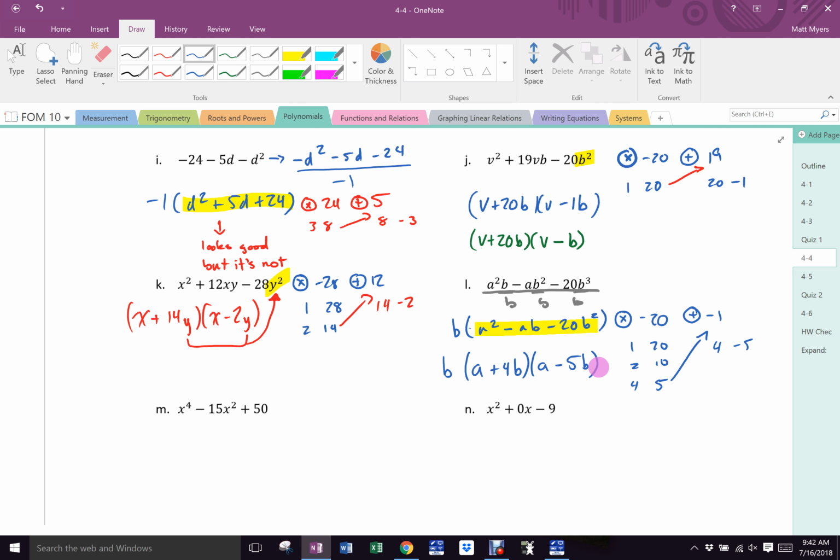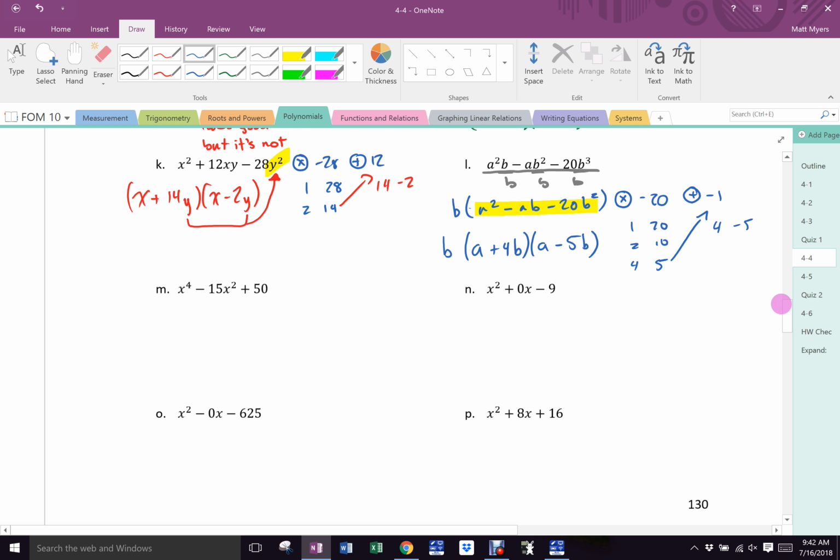Okay. So let's look at M. What is the first question I'm going to ask you? What don't you like about that? What don't you like about M? It's x to the 4th. Now look at what you already know. When I started at a squared, my answer was a and a. When I started at x squared, my answer was x and x.